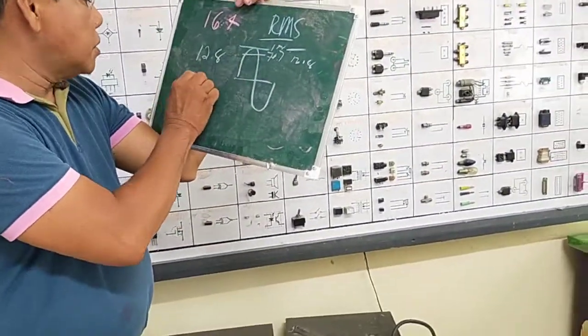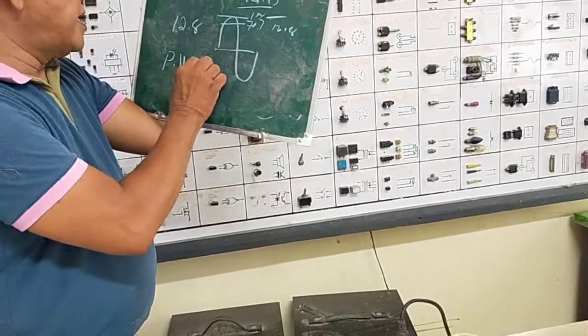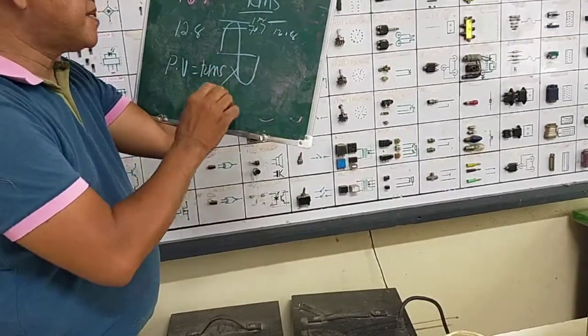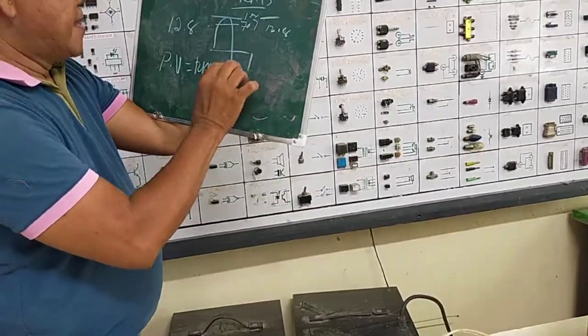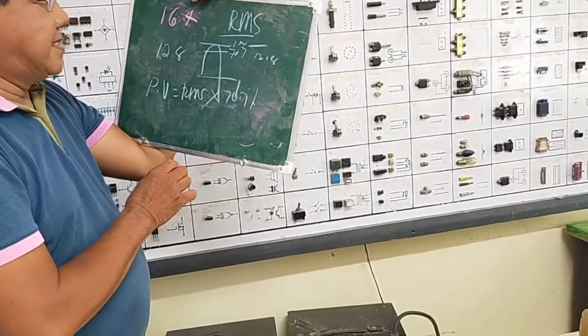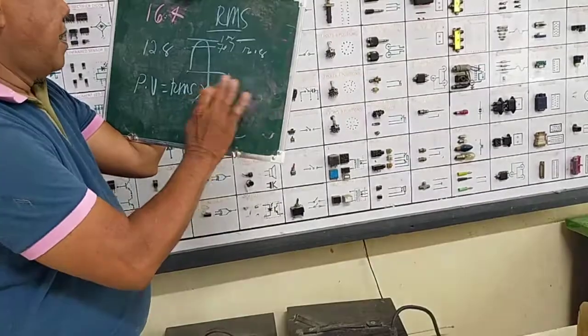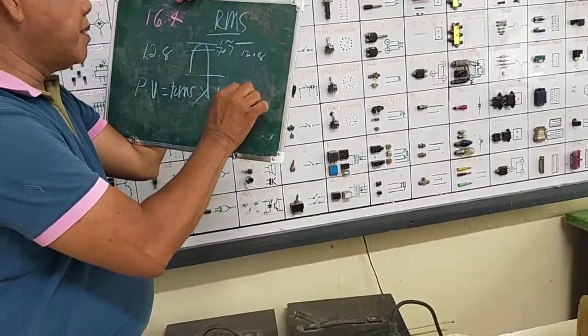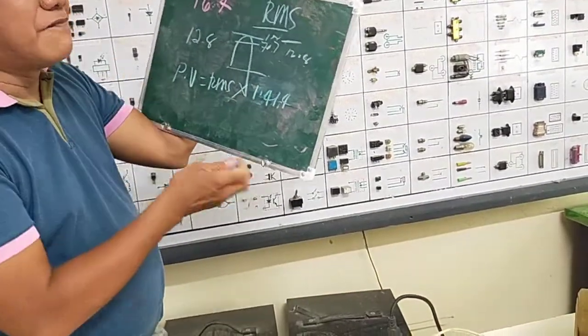Peak value is equal to RMS times 1.414. Remember, 1.414 is a constant value.